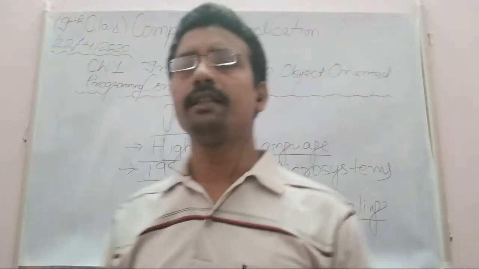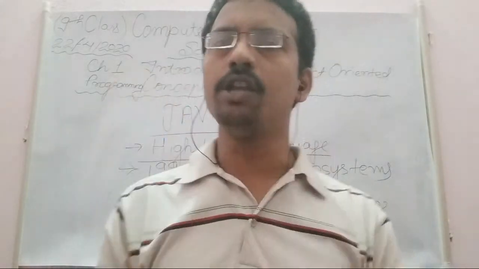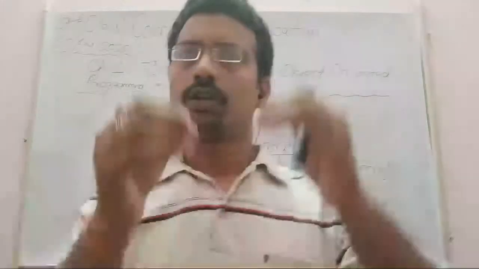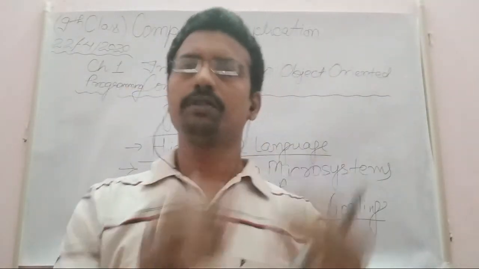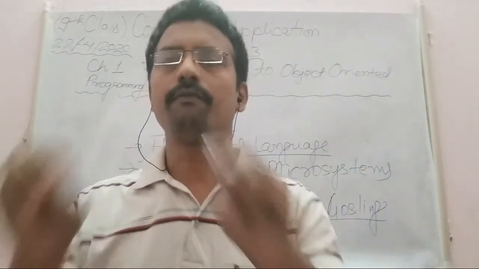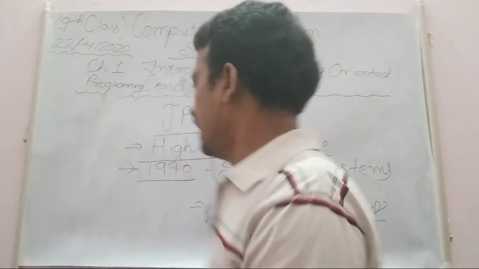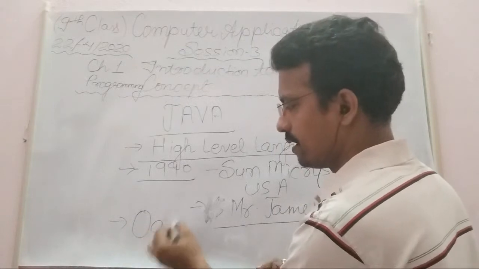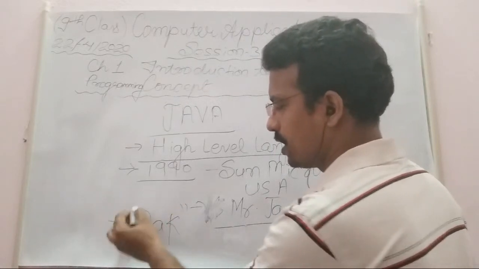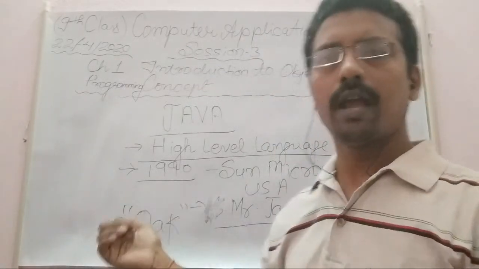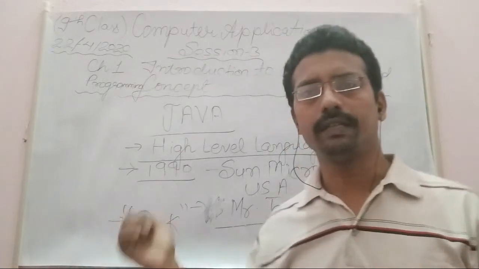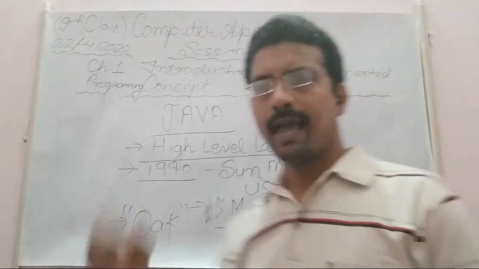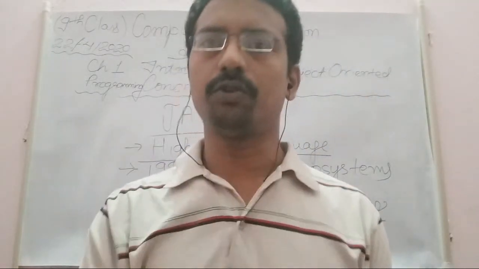In 1990, there was no initial name for Java. For two years it was not called by any name. Later, it was called Oak, the initial official name of the Java language. This name has a very interesting story.